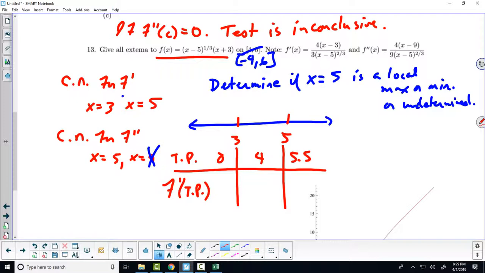So the denominator, in both cases, will always be positive. So really, it just matters the sign on the numerator. So we get negative, so we're decreasing. What about if we plug in 4? We still get negative, so we're decreasing. What if we plug in 5.5? Then the numerator is positive, and the denominator is always positive, so we're increasing.